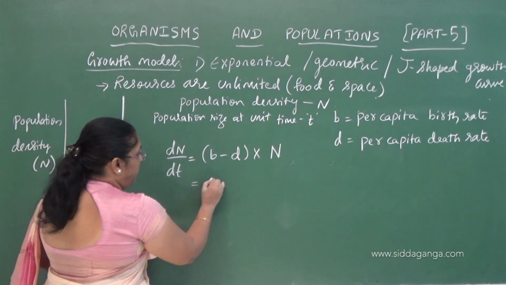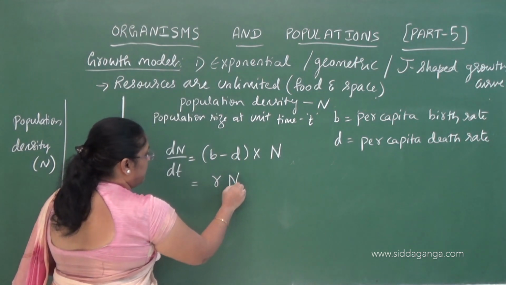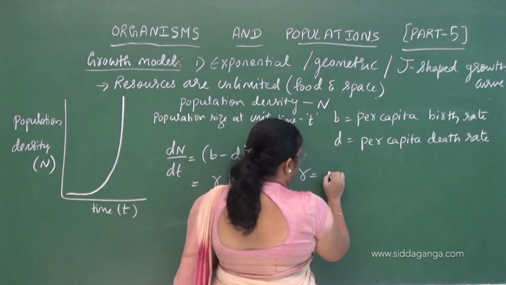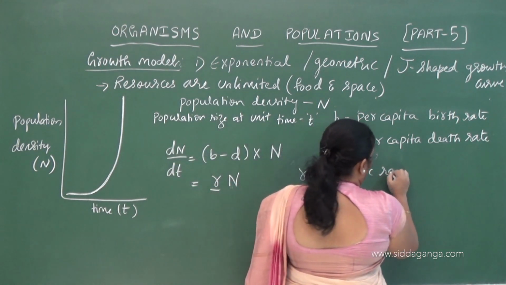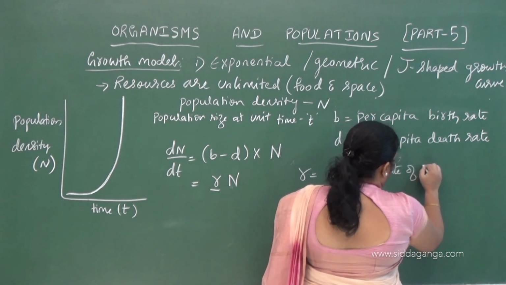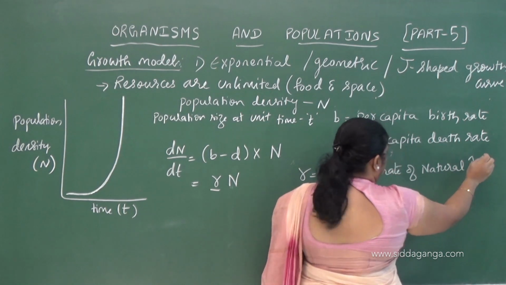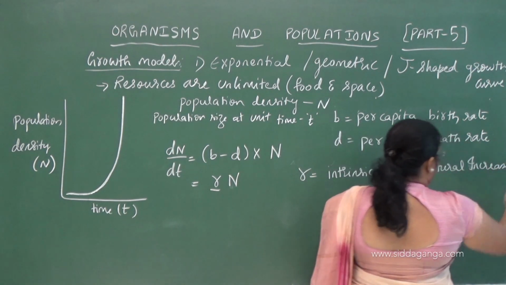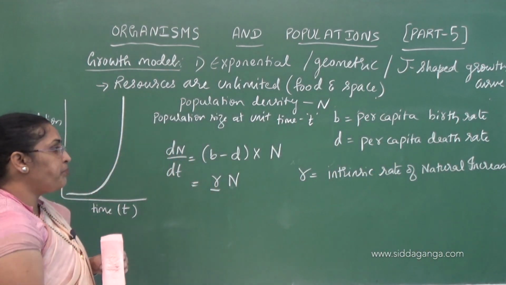This b minus d is r. r is the intrinsic rate of natural increase.